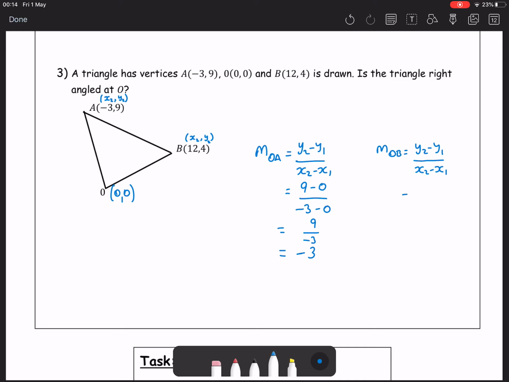In the second, I have 4 minus 0 over 12 minus 0. 4 over 12, which is equal to 1/3. Okay, so although the triangle doesn't look it, it is in fact right angled.